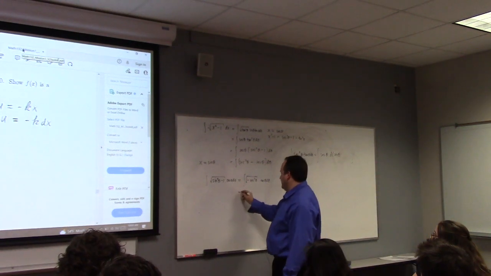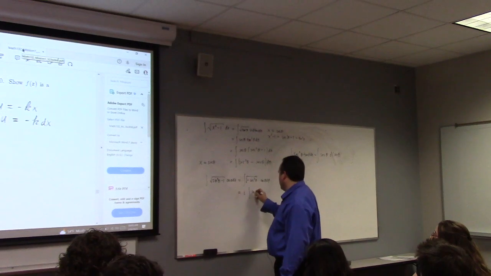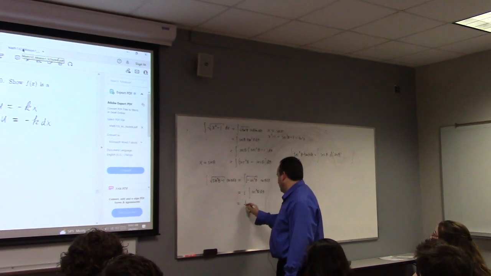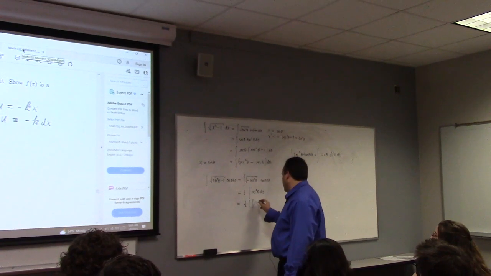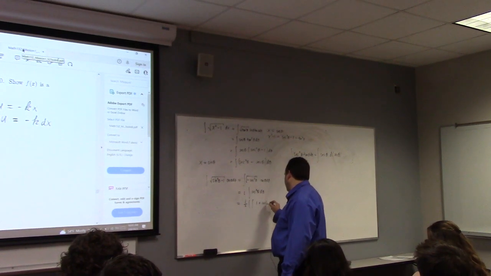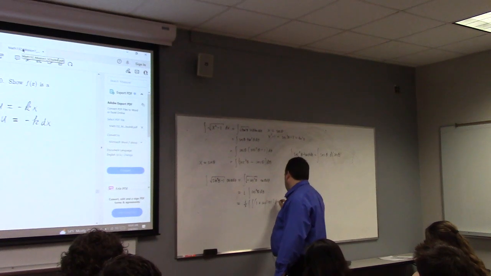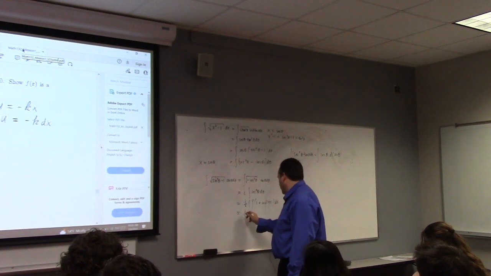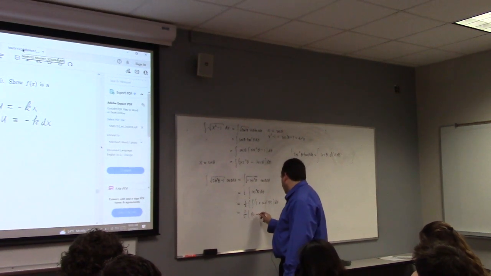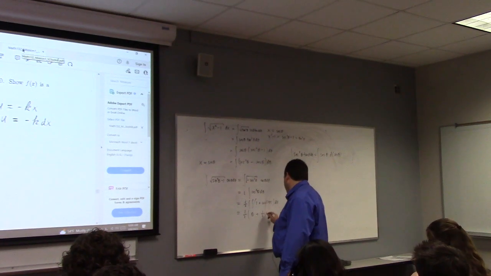So i times the integral of cosine squared theta d theta, which in fact is i over 2, integral of 1 plus cosine 2 theta d theta, and then that's i over 2 times theta plus 1/2.